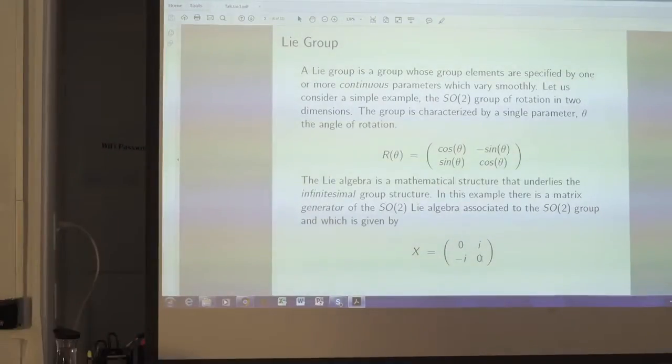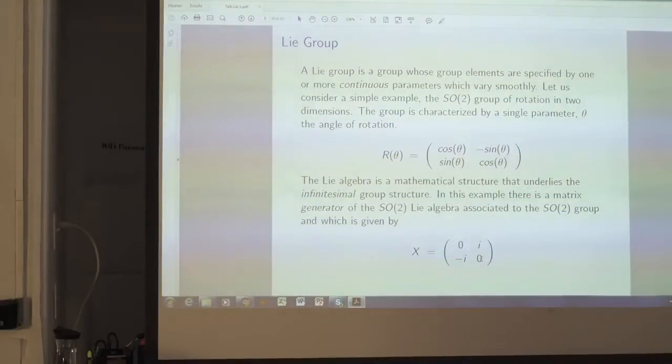Now, of course, it's not enough to have just a collection of points. When you have a Lie group, when you compose two group elements, that composition rule has to be compatible with the analytical structure of your manifold. So you have to add some more structure to it.